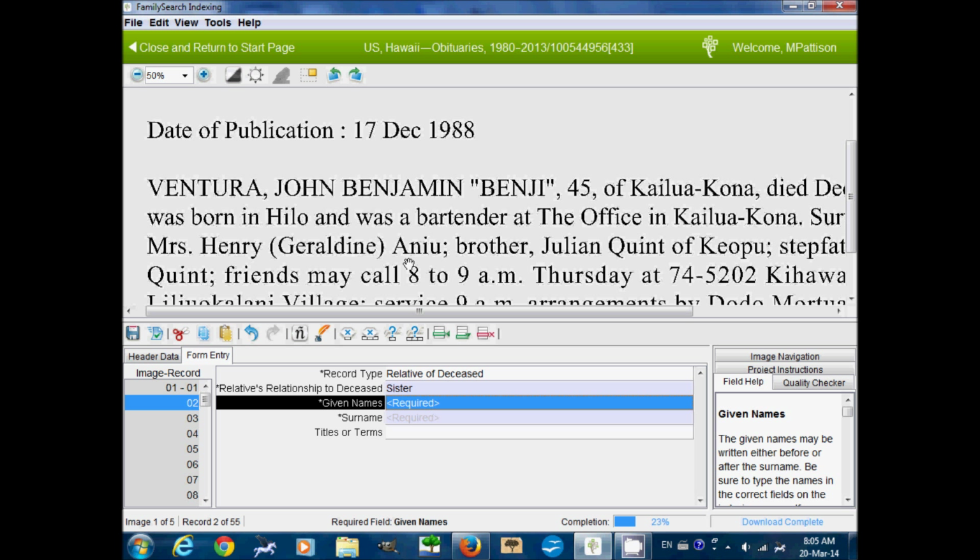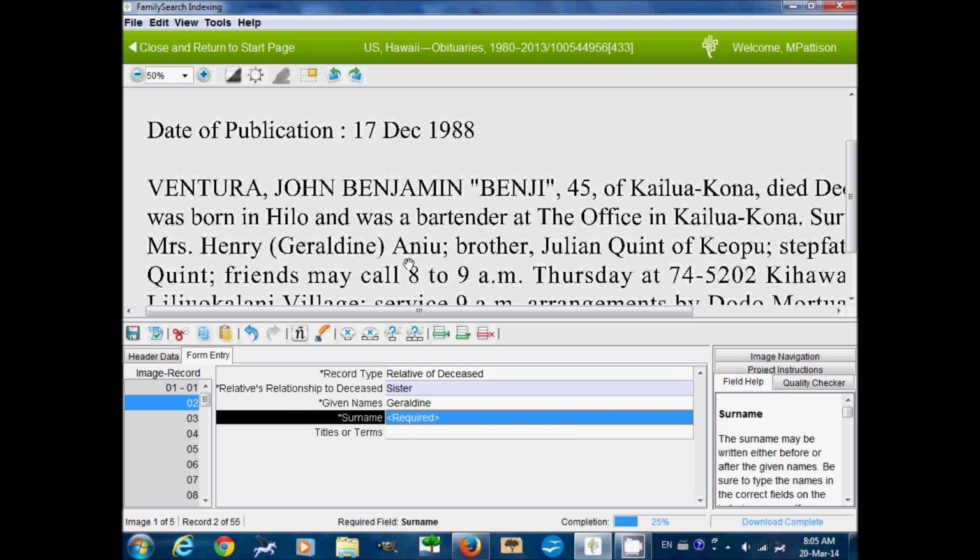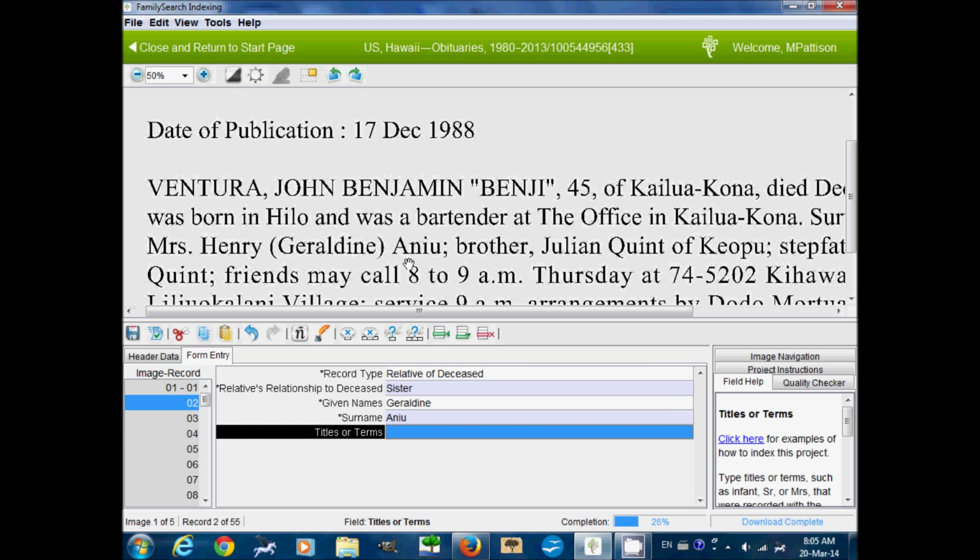But in this case, what the instructions tell us to do is write her actual name, her surname, and her title or term. And the name of the husband does not get indexed. I know a lot of people complain about this and say the information's being lost, and it's true, and I agree with that, but the rules simply tell us not to do that.